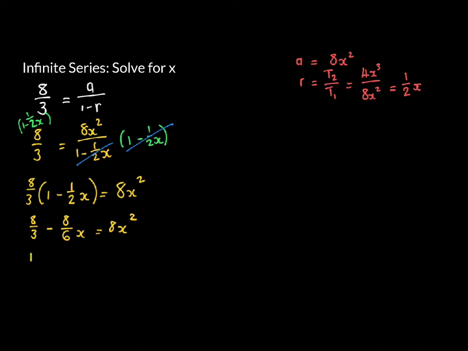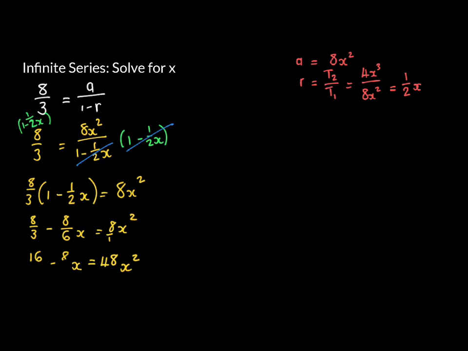So I'm going to get 16 over 6 minus 8 over 6x is equal to, and then remember this one is 8 over 1, so we have to multiply by 6. So I'm going to get 48 over 6x squared. And then once I've done this, I can just take away all the over 6's because now they're equal to each other. So that part is gone, and that part there is gone. So that's the sum that I have left here.